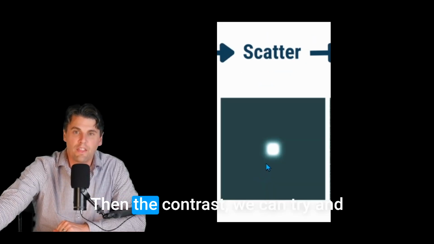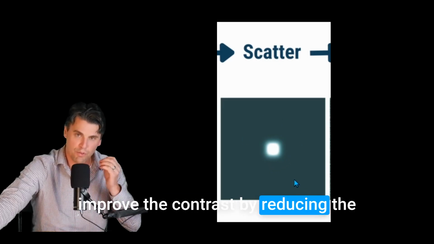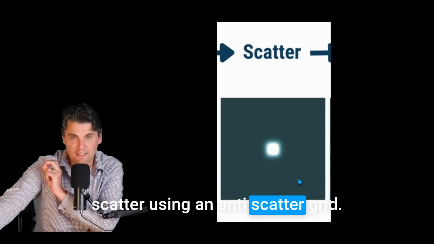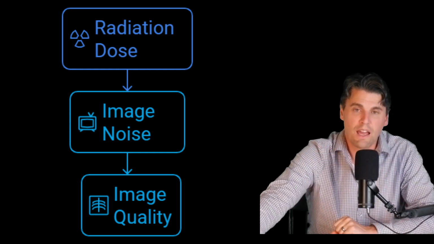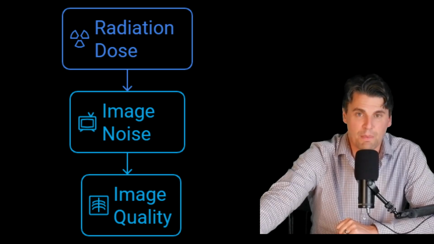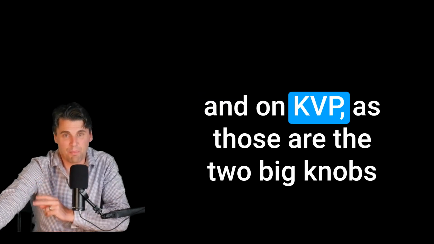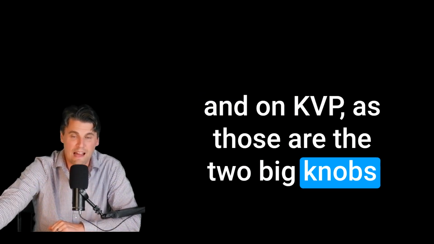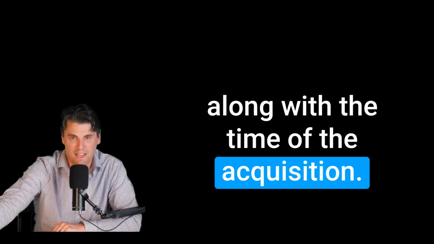Then for the contrast, we can try and improve it by reducing the scatter using an anti-scatter grid. And the radiation dose in your image is what's going to control the relative noise in the image. You can see our videos on mA, for instance, and on kVp, as those are the two big knobs controlling the radiation dose in your image, along with the time of the acquisition.